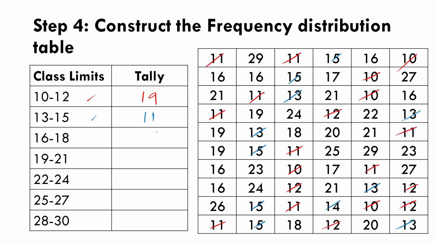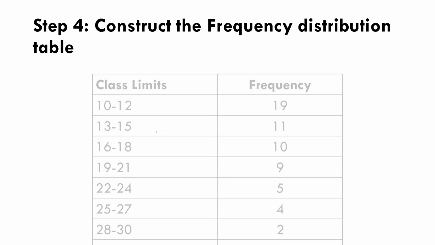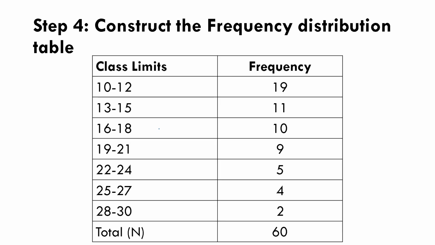So in this case, we now have these values, or these frequencies, or the number of values that fall under each interval. We have 19 for 10 to 12, 11 for 13 to 15, 10 for 16 to 18, 9 for 19 to 21, 5 values under 22 to 24, 4 for 25 to 27, and 2 for 28 to 30.